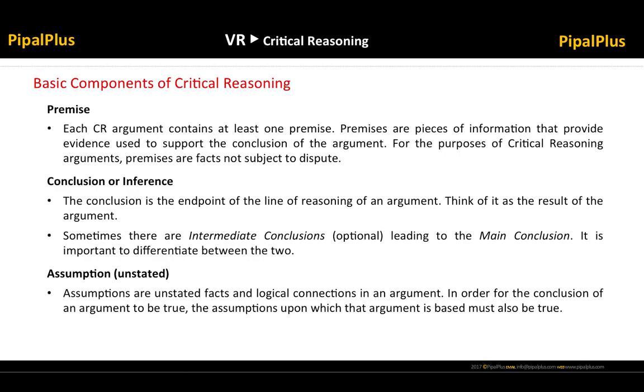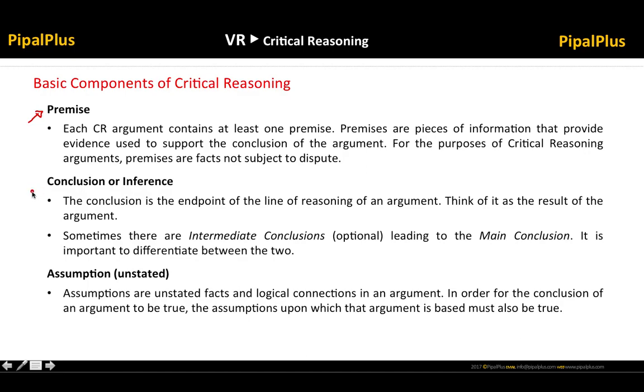Now, after this comparison between deductive and critical reasoning, let's look at some of the basic components of critical reasoning. The first component is a premise. A premise is the statement on which the rest of the argument is based.